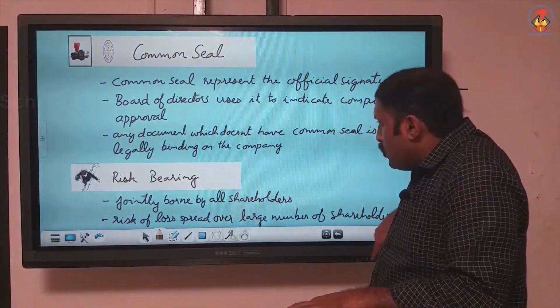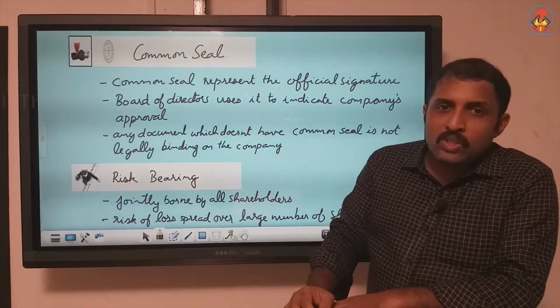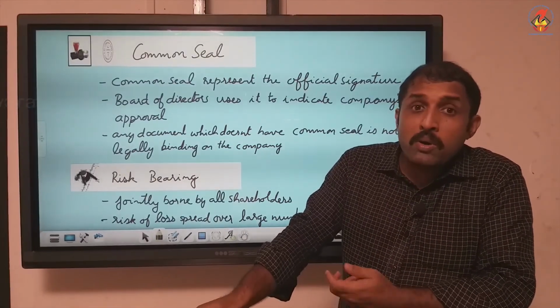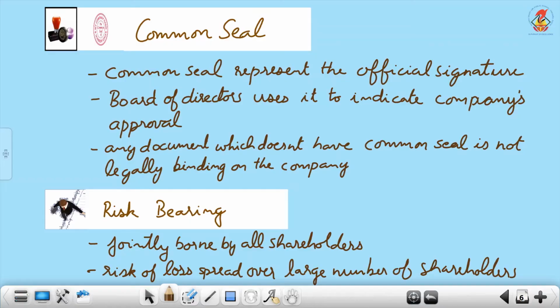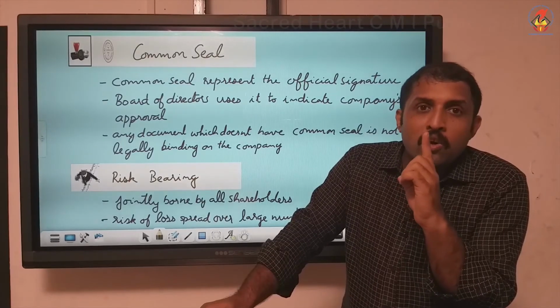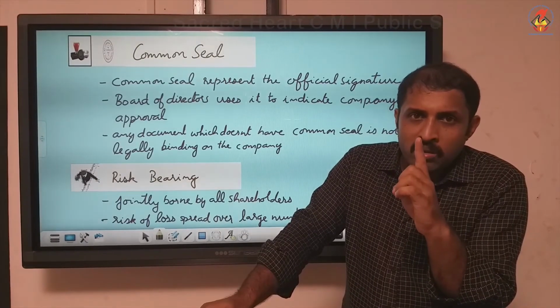Now coming on to another very important feature, the common seal. We said a company is an artificial person. A company cannot come and sign documents. Instead, it is the board of directors who act on behalf of the company.